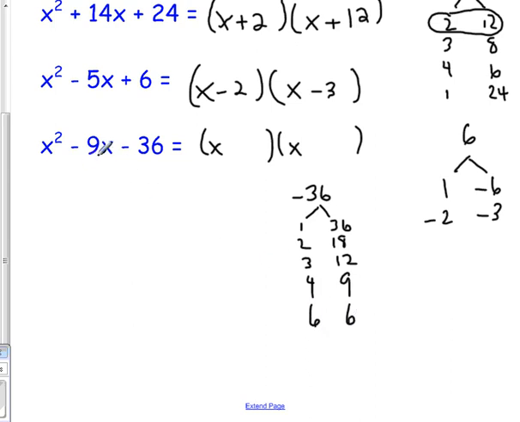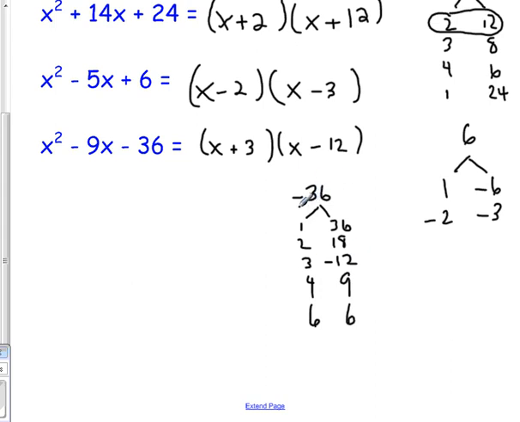Which of those will give us negative 9? Well, if we have positive 3 and negative 12, that will give us negative 9. So it's going to be x plus 3 and x minus 12. And 3 times negative 12 will give us negative 36.